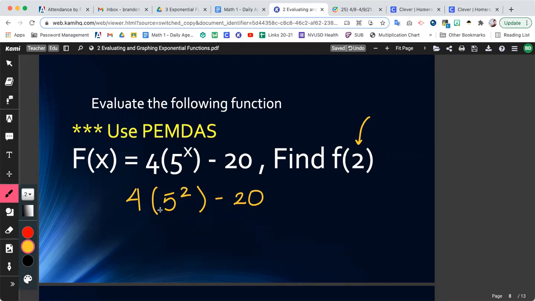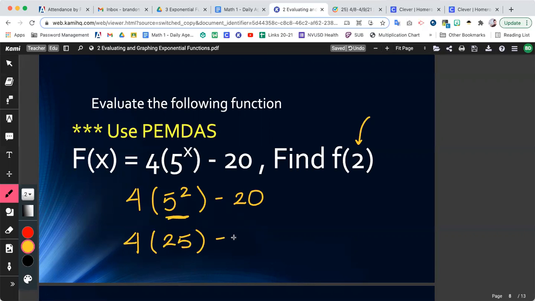Why should I do 5 squared first? Good, it's in the parentheses and it has an exponent. So we're going to do this part first. So I keep the 4. 5 squared, that's 5 times 5. That gives me 25.